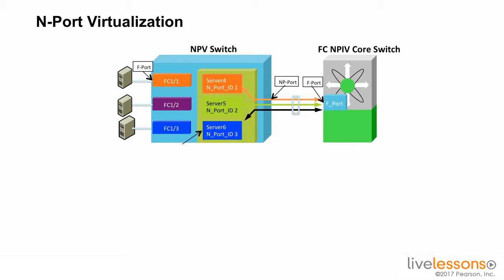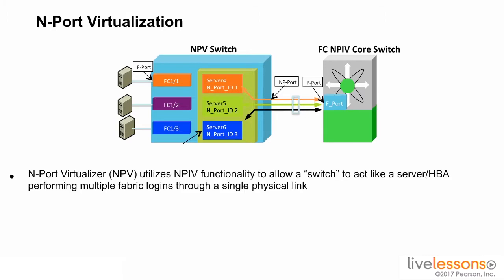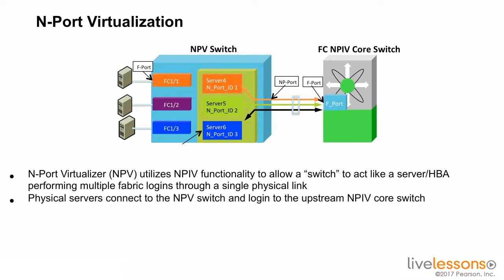There is also a technology called N-port virtualization, and this is where two switches work together. There is an NPV switch that utilizes NPIV functionality to allow a switch to act like a server, performing multiple fabric logins through a single physical link. This means the NPV switch actually doesn't do any local switching.